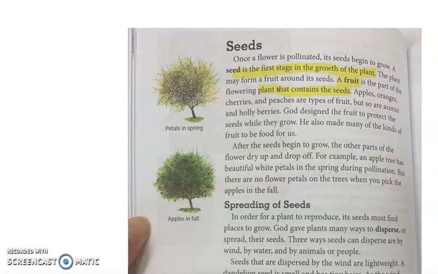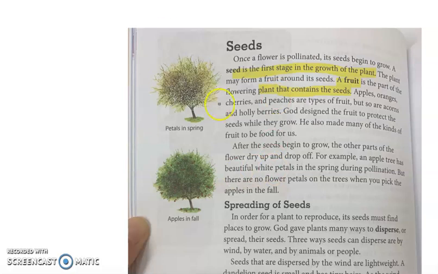After the seeds begin to grow, the other parts of the flower dry up and drop off. For example, an apple tree has beautiful white petals in the spring during pollination, but there are no flower petals on the trees when you pick the apples in the fall.